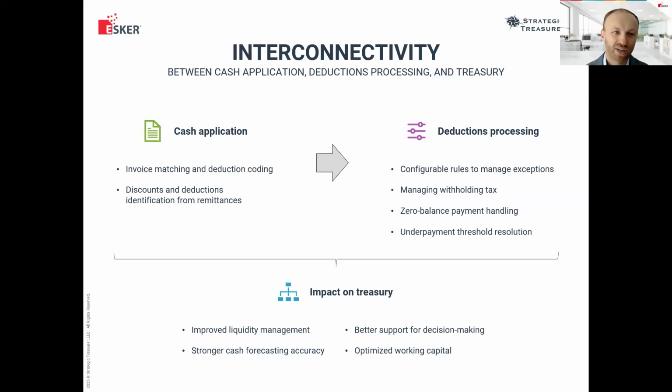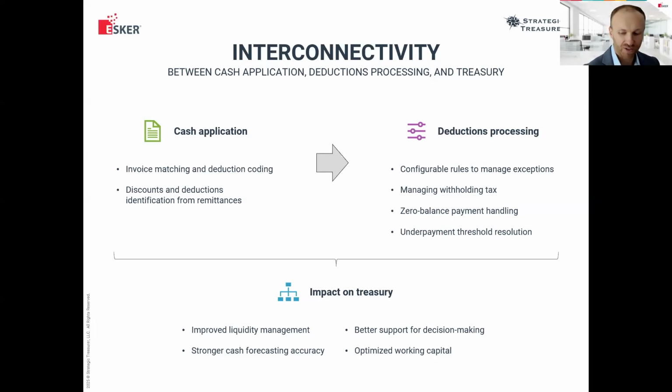Yeah, that sounds good. And the interconnectivity between these two processes is essential, because a lot of the time companies are getting short pays and they need to go and do further research into them with the deductions process. So when you start off with cash application, invoice matching, deduction coding, then after that deduction's coded, there needs to be research when it comes to getting supporting documentation and the approvals of multiple layers in an organization.